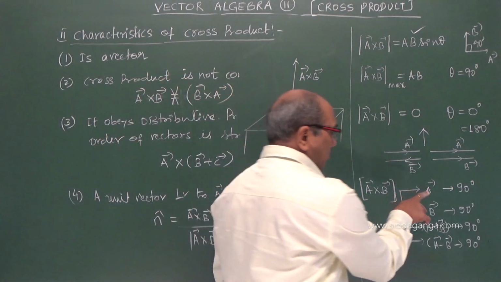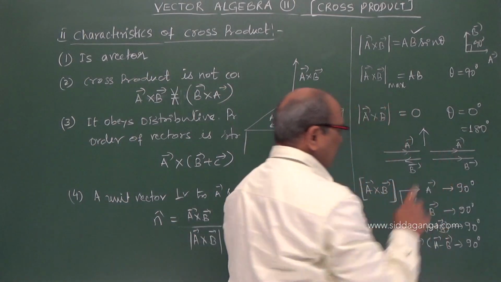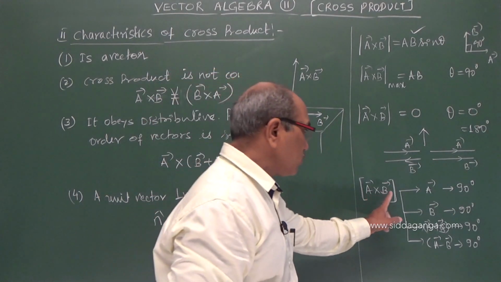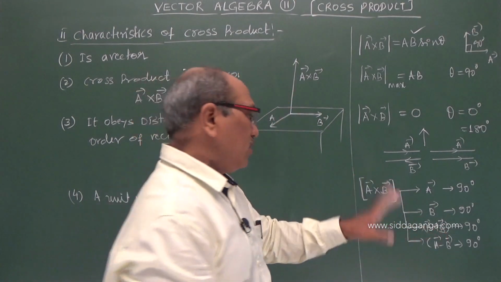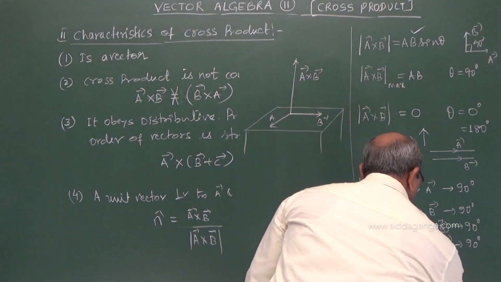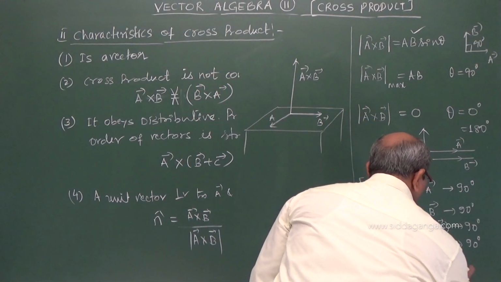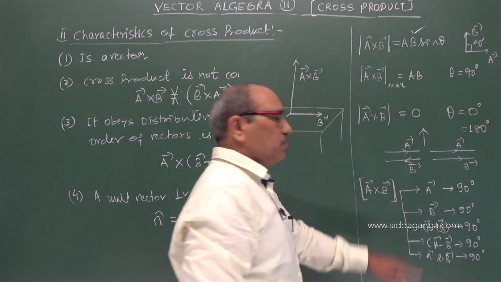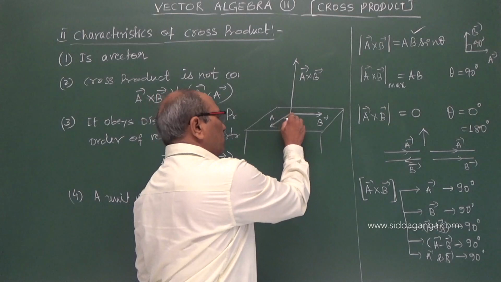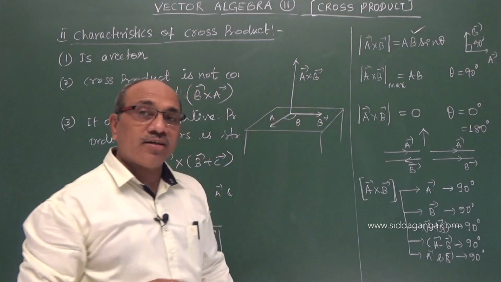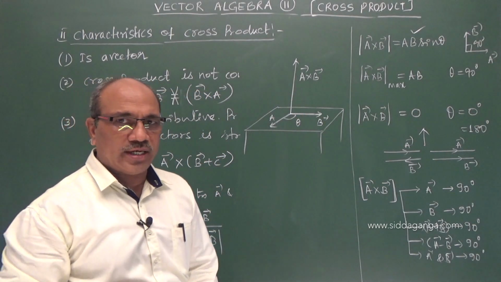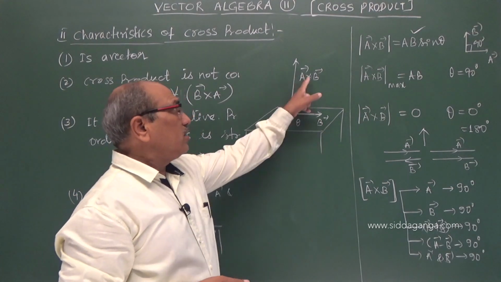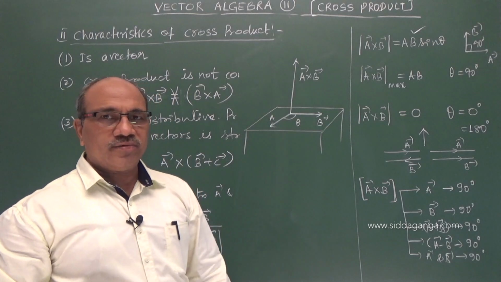And remember, whatever may be the angle between A and B, A cross B is perpendicular to A and B. Whatever the angle, it is 90 degrees. Other than 0 or 180, where it vanishes and no question arises, for any angle between A and B, A cross B is perpendicular to them.